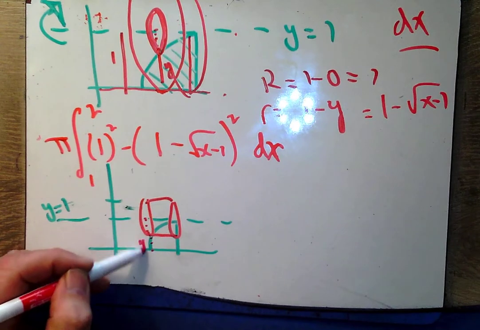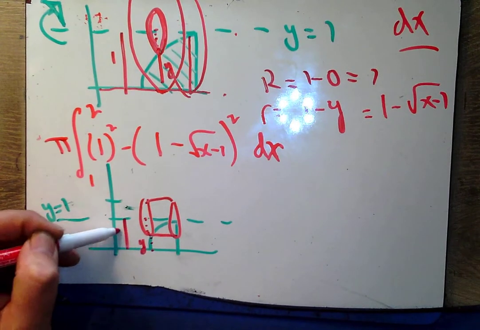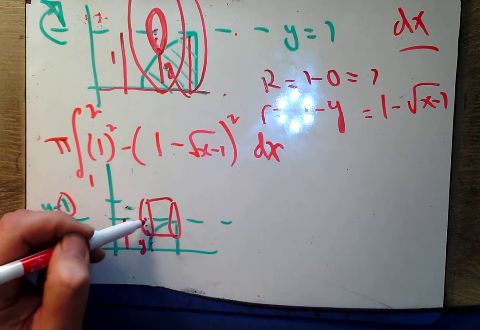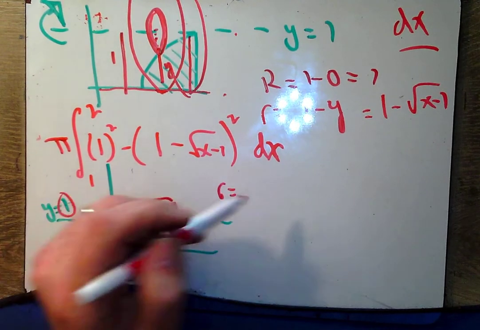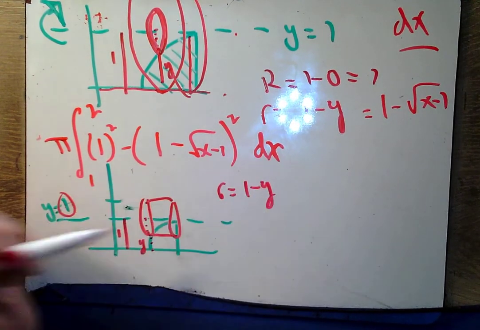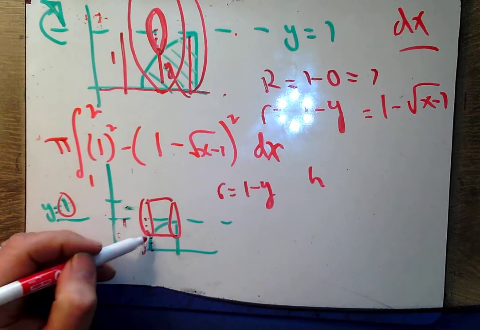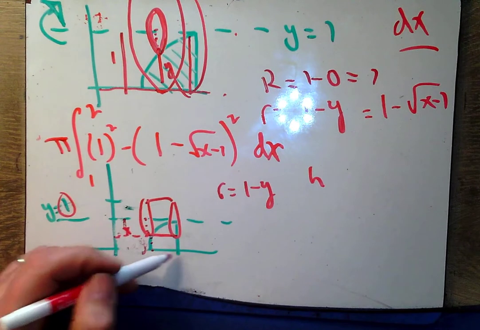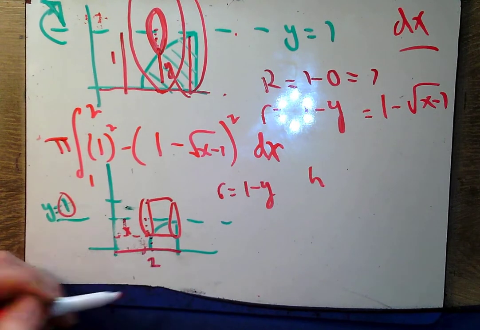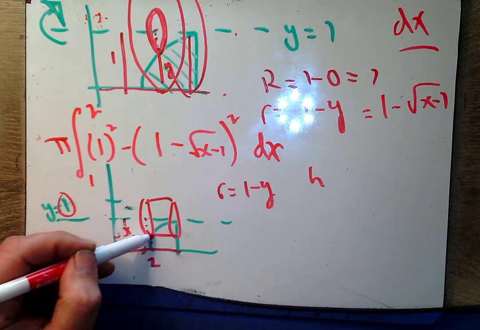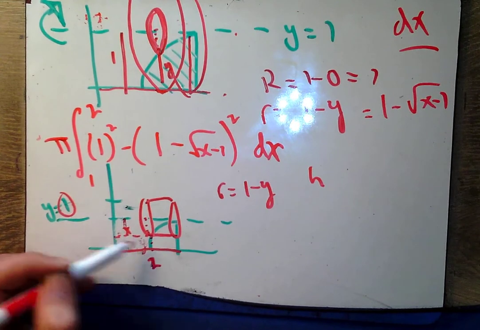Well, this distance is called y, and this distance is 1, so my radius is going to be 1 minus y. But what about my height? Well, this is x, and this is 2, so my height is going to be 2 minus x.